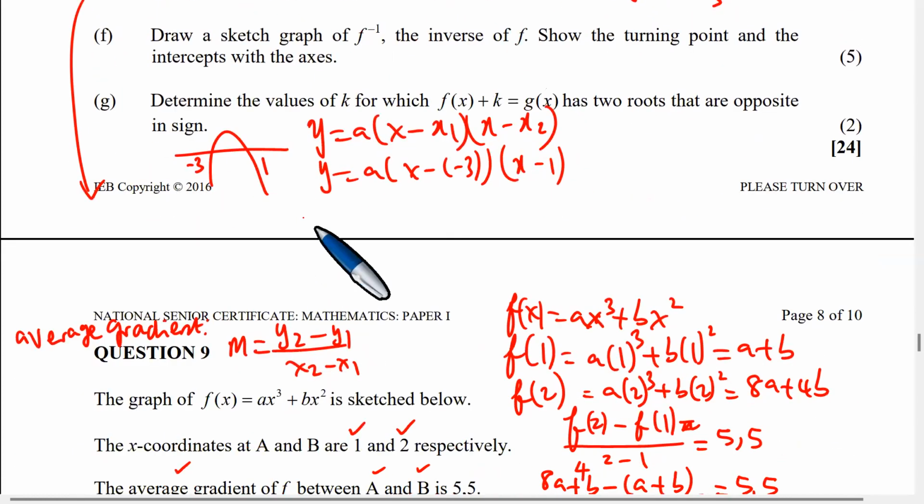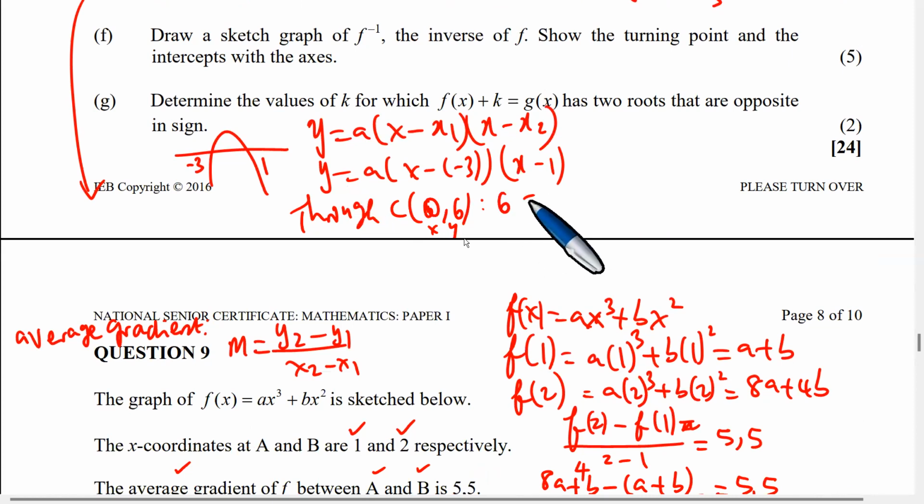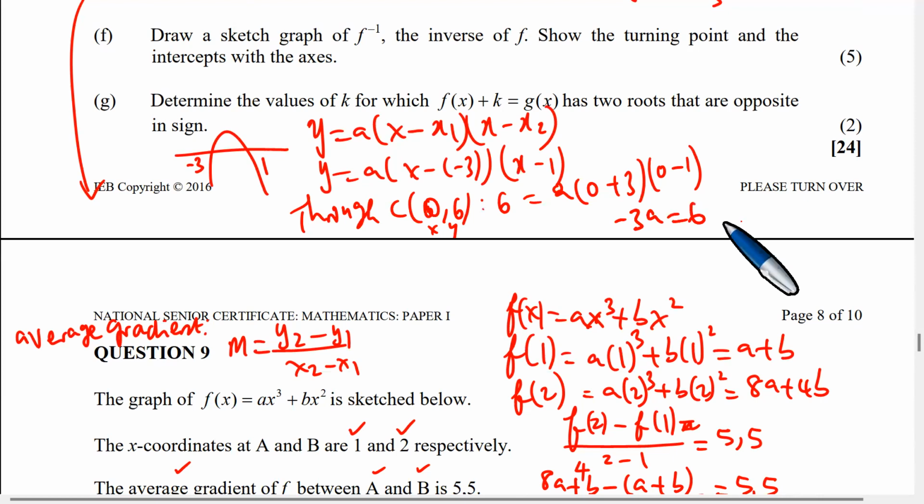So the graph goes through 0, 6, where y is 6 and x is 0. So a into 0 plus 3, 0 minus 1, which means minus 3a is 6. You divide by 3 and then you get a is minus 2.